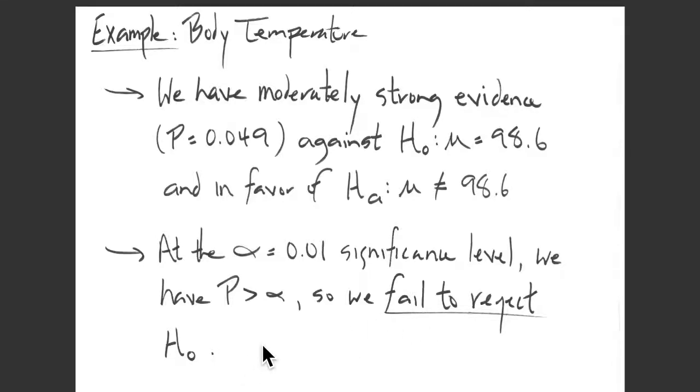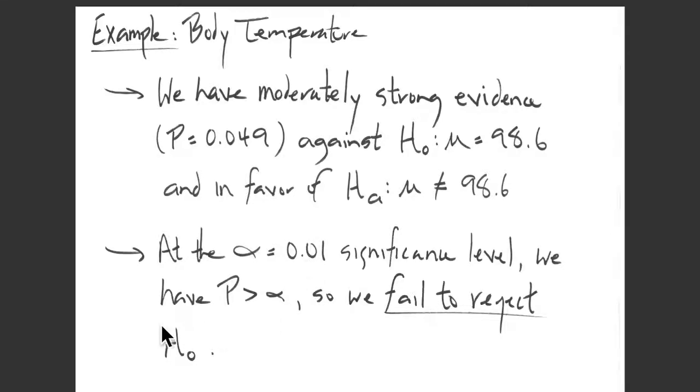We just don't quite have enough evidence to reject the null hypothesis at the 1% significance level. But note, if the significance level was 5%, then you just barely make it under the bar with a p-value of 4.9%. So at a 5% significance level, you would be able to reject the null hypothesis.